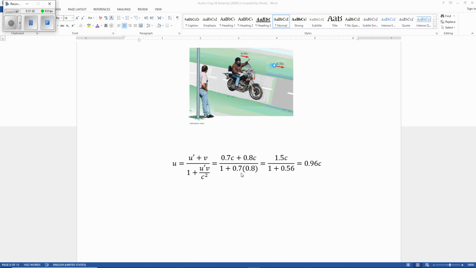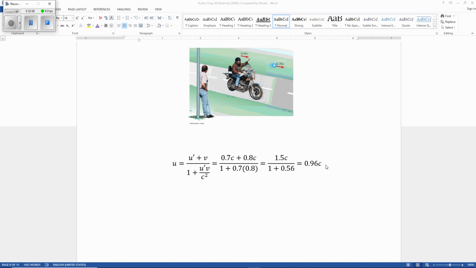So now you have 1 plus 0.56, so that's 1.56. 1.5 divided by 1.56 will always be smaller than 1, right? So use a calculator. 1.5 divided by 1.56 should give you 0.96c. That's the speed we measure from the Earth's surface.